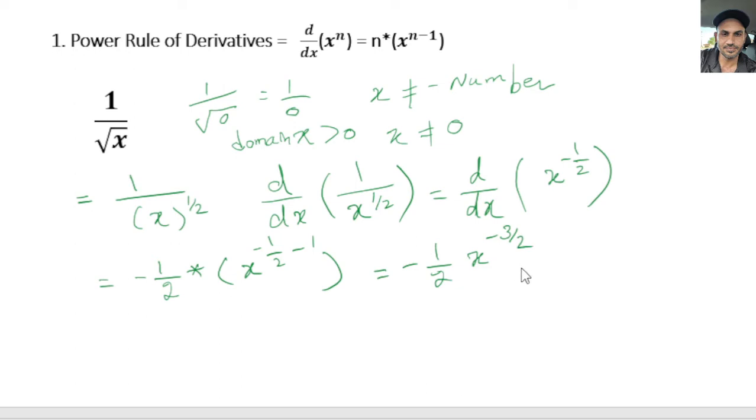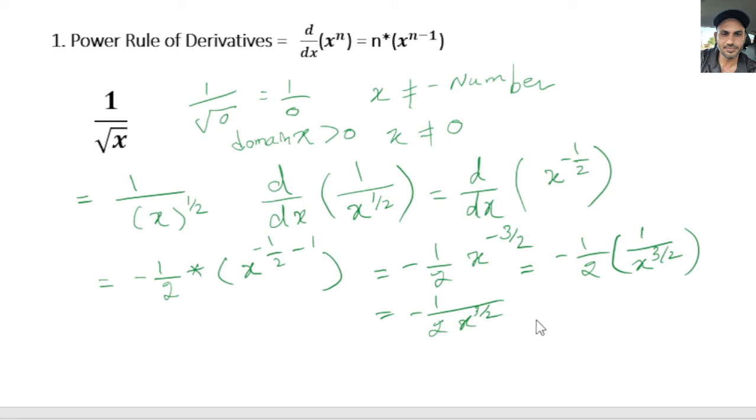And the next thing I'm going to do is take it into the denominator, again using the law of exponents. So we have negative 1 over 2, and then x to the negative 3/2. I'm going to take this into the denominator, so it becomes x to the 3/2. That's just a little manipulation. And then we go ahead and simplify it further. So 2 times x to the 3/2, because 2 is also in the denominator and they both are multiplying.